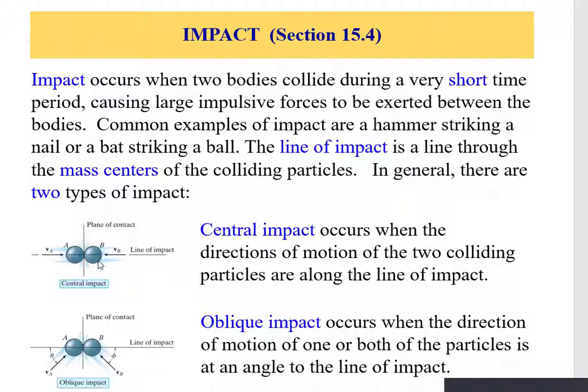In addition, we said that the types of impacts can be classified into central, which occurs when the directions of motion are in the line or parallel to the line of impact, as in this figure, and oblique impact, when the direction of motion of at least one or both particles, mass A and B, have an angle with the line of impact.